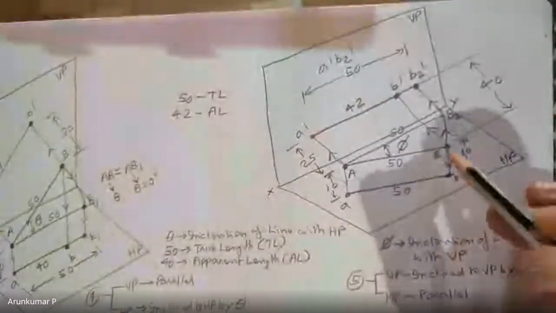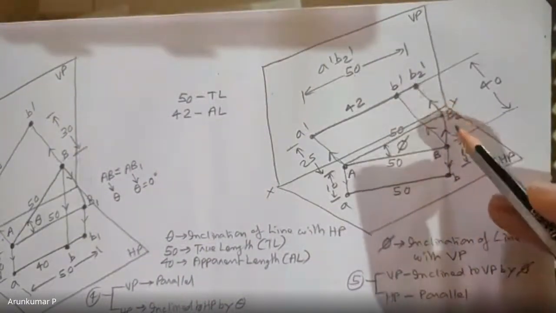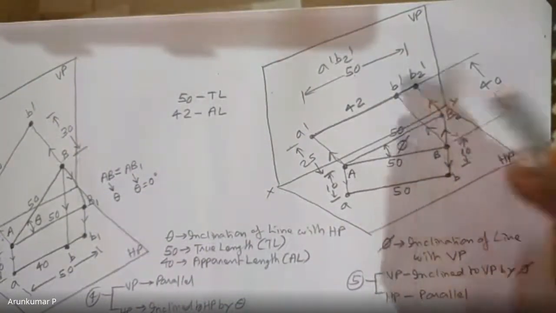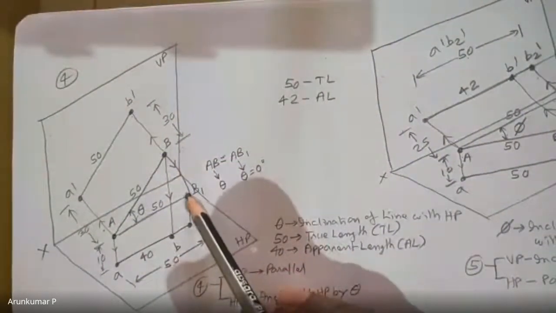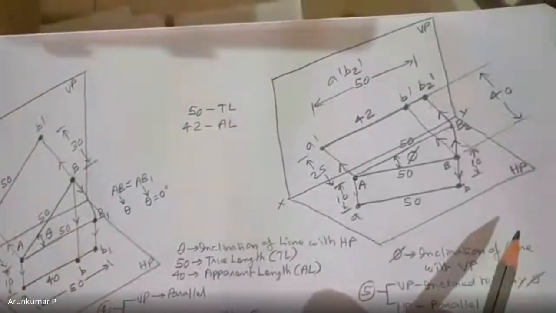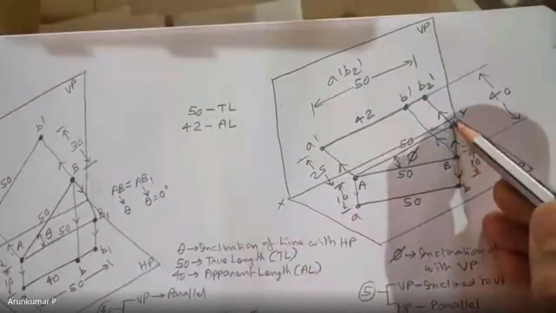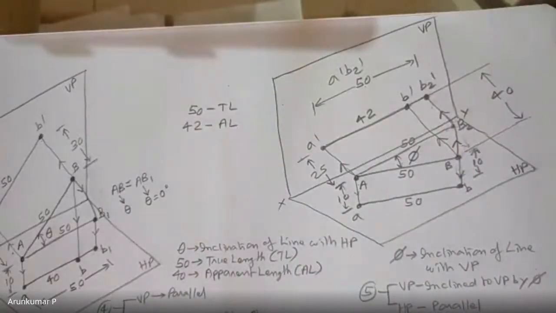So what I've done is I have rotated and then I have projected. So please observe this sequence, rotation, projection. Here also, in case of HP, I have rotated, I have projected. So this is very important in lines. Your rotation and then projection is going to help you to solve many problems.